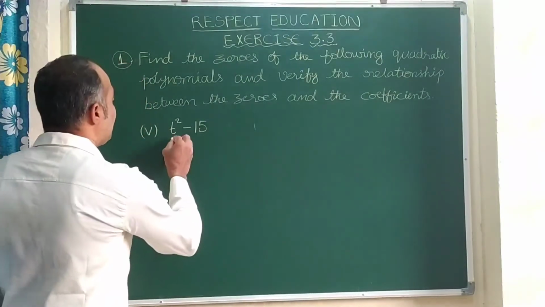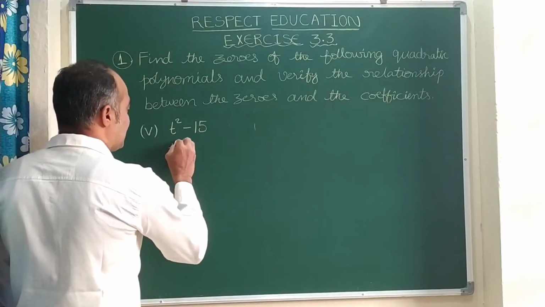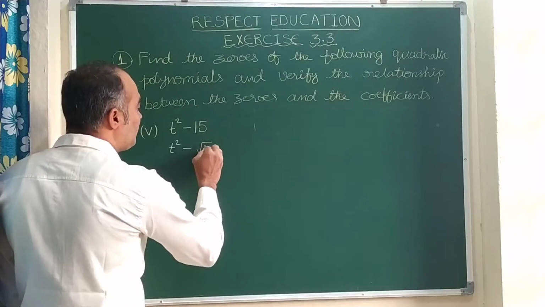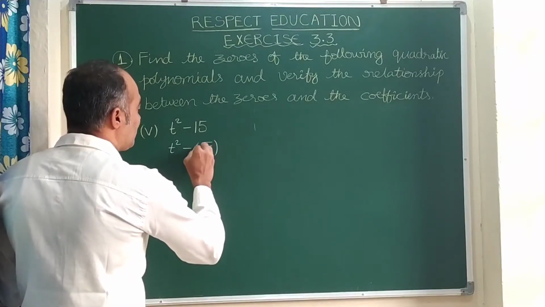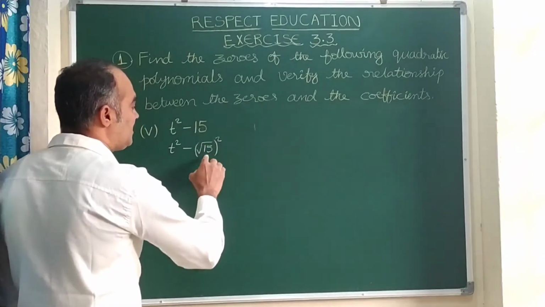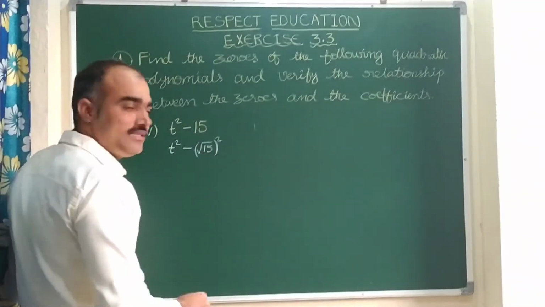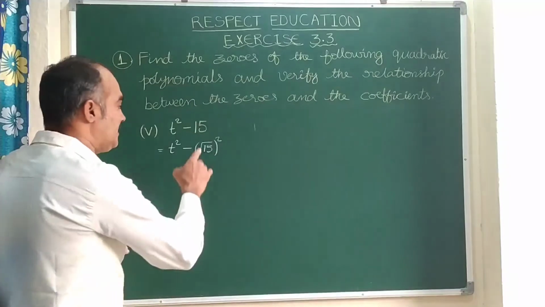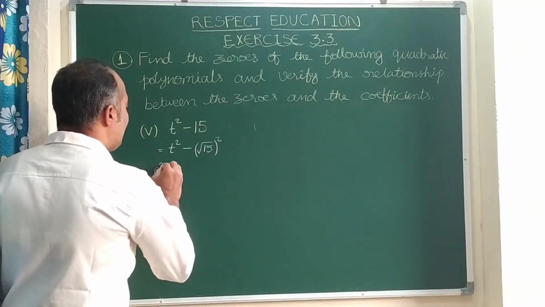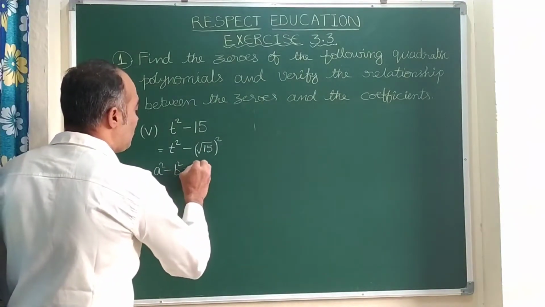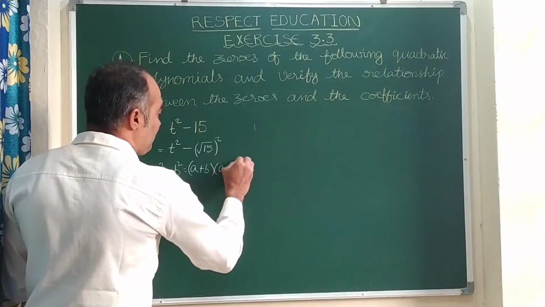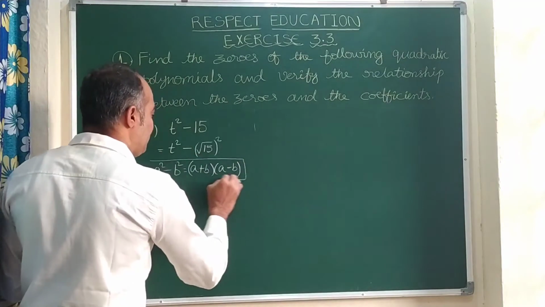So here I write t square as it is, and 15 can be written as root 15 square, because the square and root get cancelled, so you get 15 only, right? So here it is in the form of a square minus b square. The formula is a plus b into a minus b.